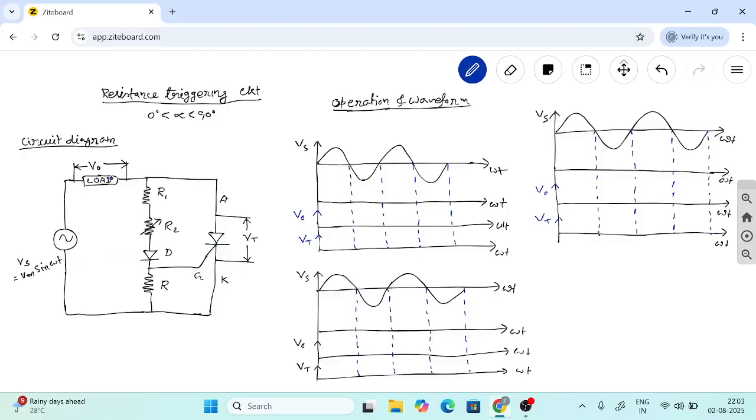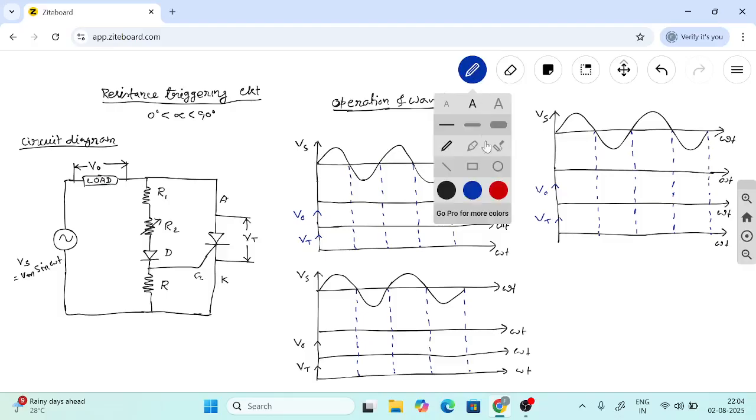So current will flow through the control circuit, and whenever voltage across R reaches the gate triggering voltage of SCR, SCR will be turned on and current will flow through the power circuit, and we'll get the output voltage V0 across the load.